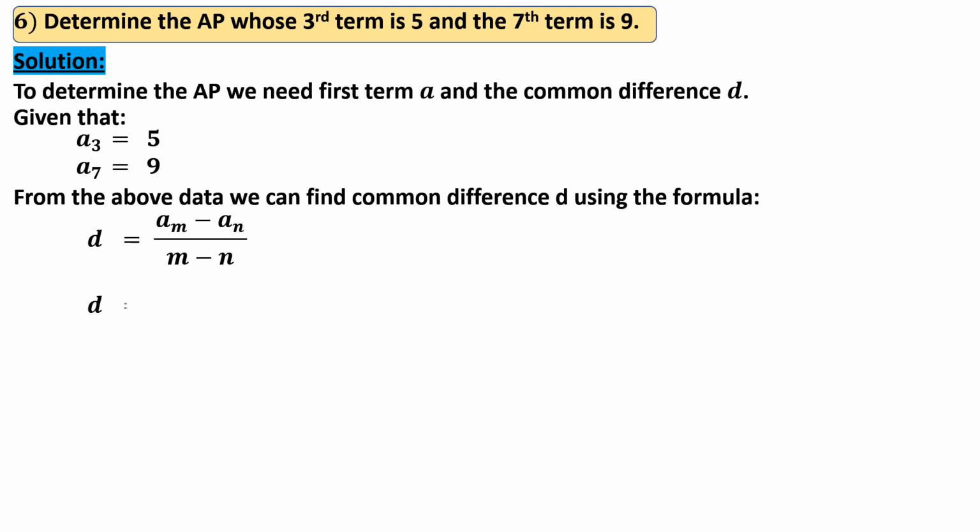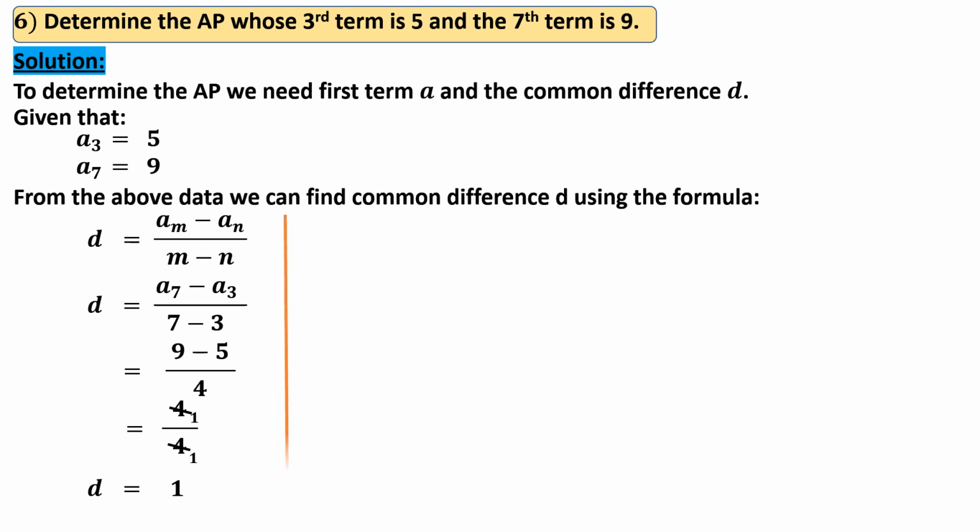D equals (A7 minus A3) divided by (7 minus 3) equals (9 minus 5) divided by 4, which is equal to 4 divided by 4. D equals 1.